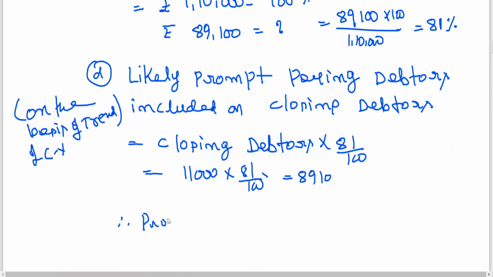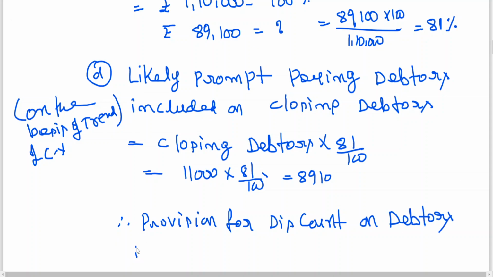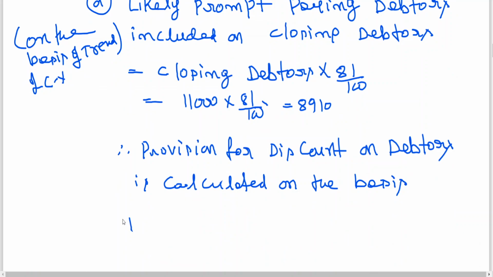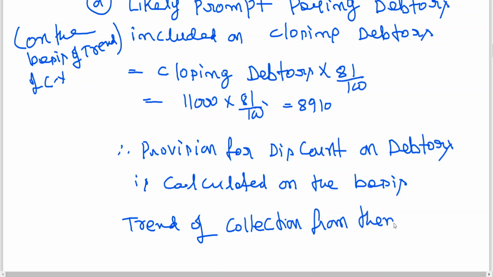Therefore, provision for discount on debtors is calculated on the basis of trend of collection from them at 15%.